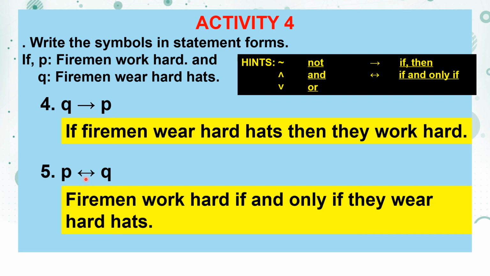Then this symbol is if and only if. Then yung Q natin ay firemen wear hard hats. So we have they wear hard hats. So the English statement for this mathematical statement is firemen work hard if and only if they wear hard hats.